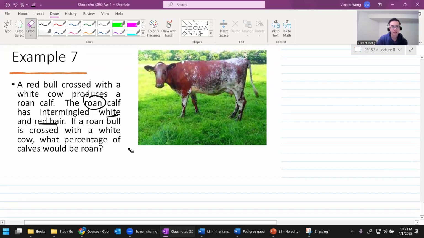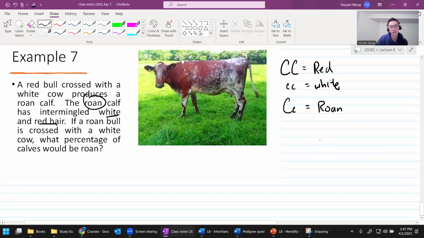Okay. So if a roan bull is crossed with a white cow, what percentage of the calves would be roan? So again, you can come up with your own alphabets. Like you can go big C is red, small c is white, and big C small c would be roan. What are we crossing? We're crossing a roan bull with a white cow.